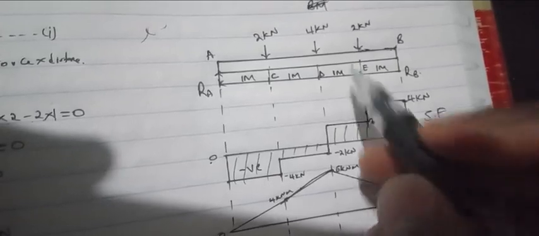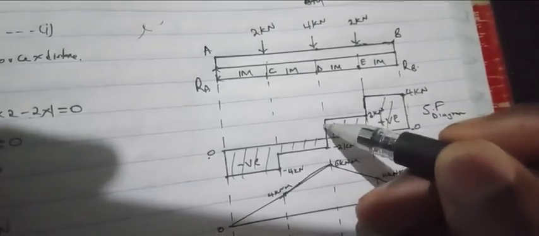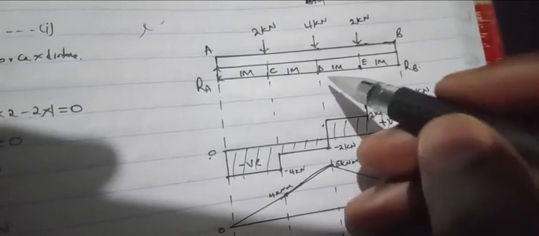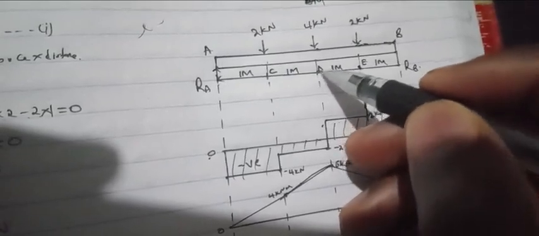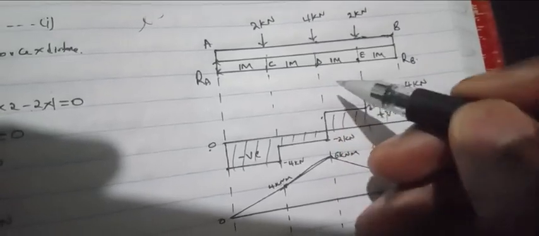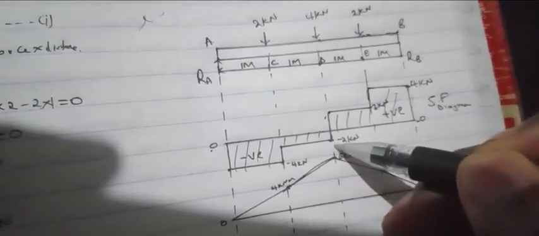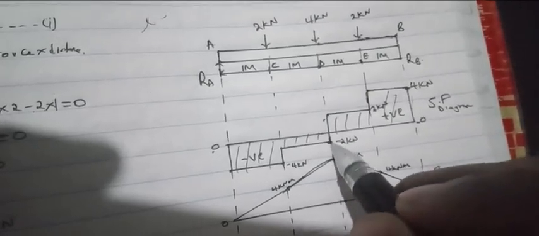Then from here to here there is no force, so it is a straight line. Then you remember the shear force at point D was negative 2. So from this point we shall come down to negative 2.